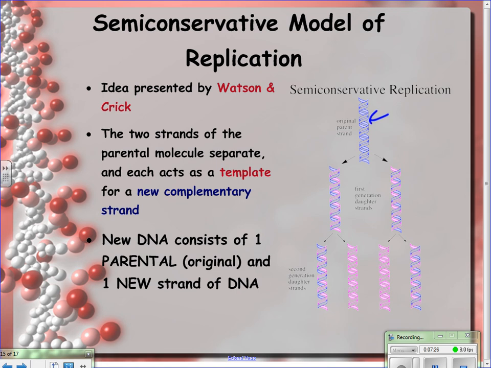So if this is my original parent strand, notice that after DNA replication takes place, I have a parent strand on this side, I have a parent strand on this side, and they act as templates for the complementary strands. So DNA is composed of one parental strand and one new strand. And in this way, it keeps the code fairly intact.